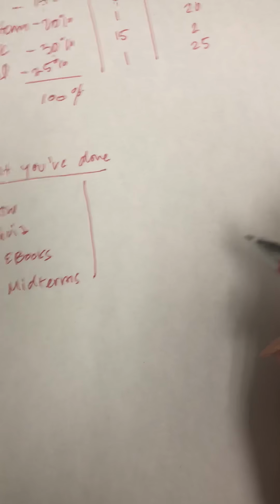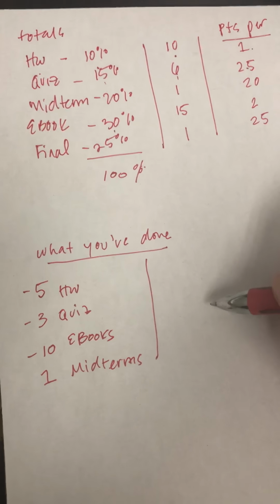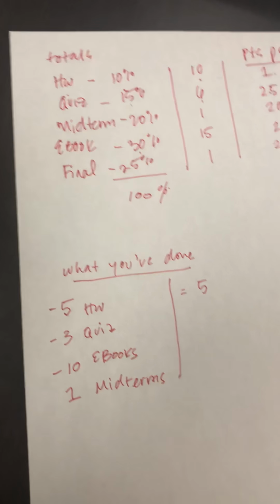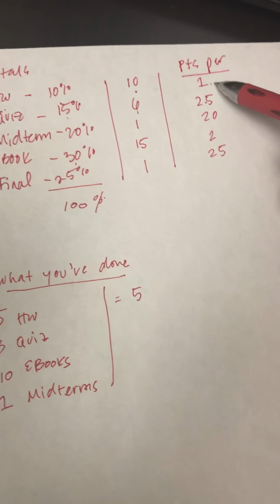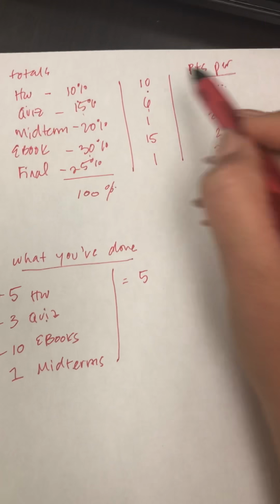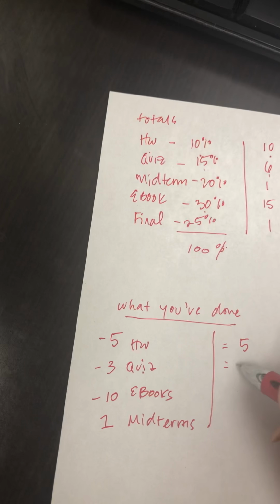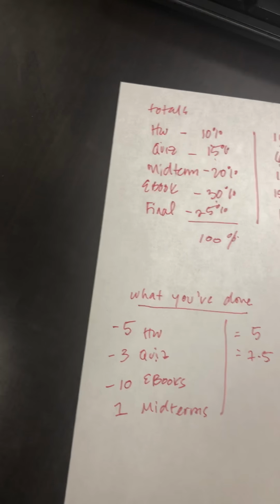Okay, so how many points are your 5 homeworks? If I've done 5 homeworks, that means I've got 5 points going towards homework, because remember, they're 1 point apiece. If I've taken 3 quizzes, they're 2.5 points apiece, so that means you're taking 7.5 points for quizzes.